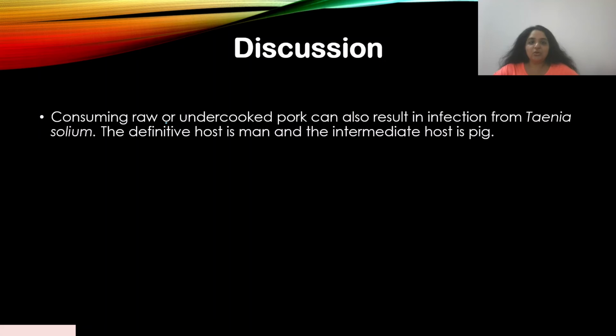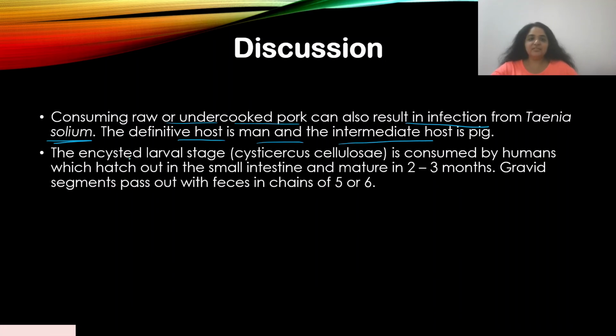Now, consuming raw or undercooked pork can also result in infection from Taenia solium. So you have trichinosis, you also have Taenia solium. The definitive host is man and the intermediate host is pig. Now, the encysted larval stage, Cysticercus cellulosae, is what is consumed by humans.